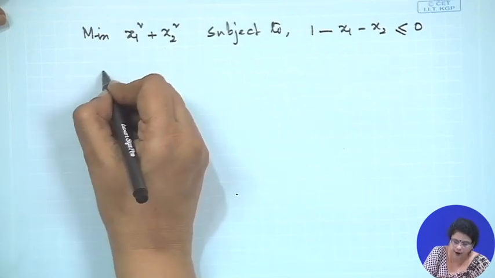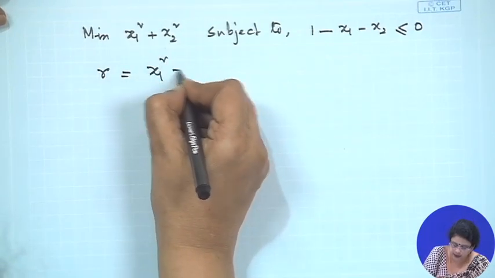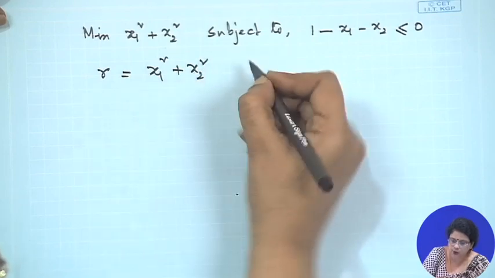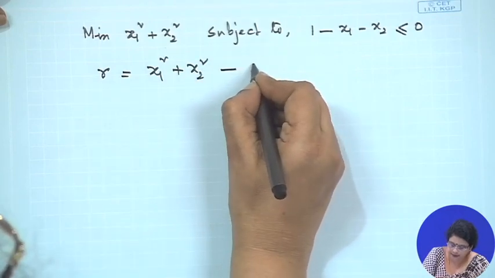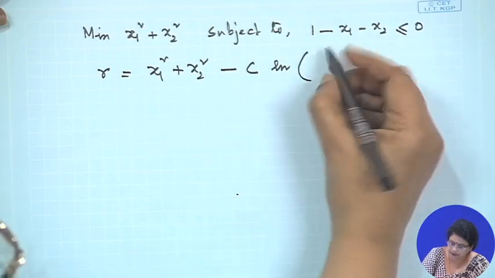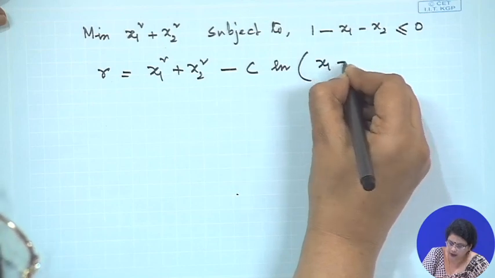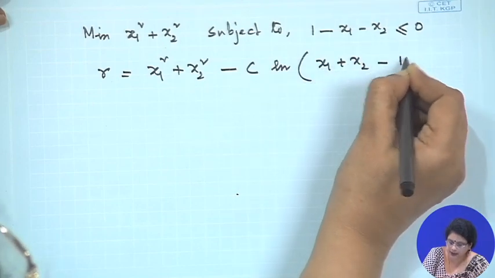Consider the barrier function r equal to x1 square plus x2 square minus c ln of minus of these, that is, x1 plus x2 minus 1.